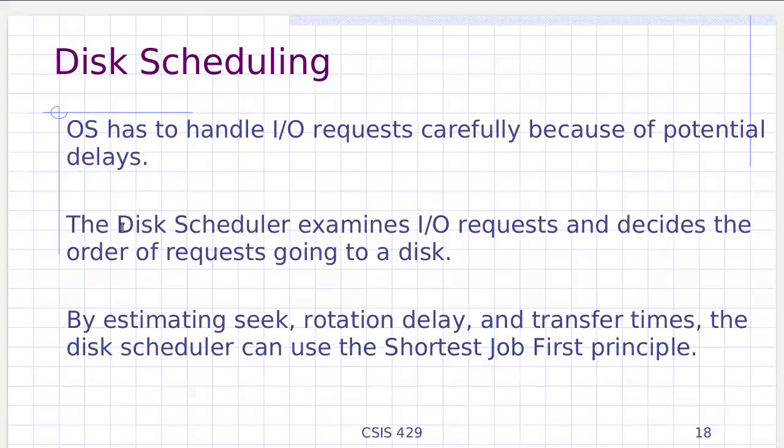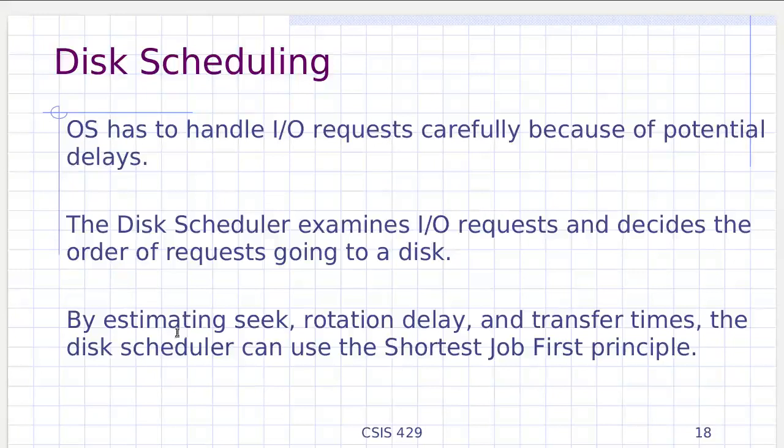So it's the job of the disk scheduler to examine these requests and decide in which order they are going to be satisfied. You want to choose the order of I/O requests that'll give you the smallest possible delay. Make it as fast as possible.